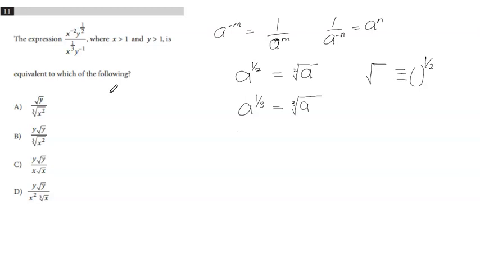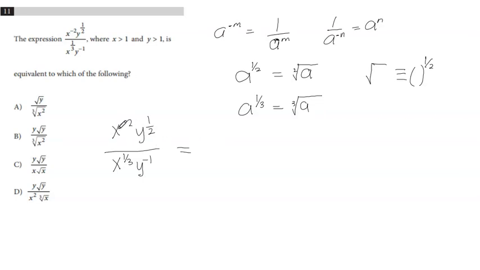So let's use these ideas to rewrite this. And we want all the x's to be in the denominator. Based on what is given, we have x raised to the power minus 2, y raised to the power half, divided by x raised to the power 1/3, and then y raised to the power minus 1. Employing what is written out here, we can simply rearrange this.